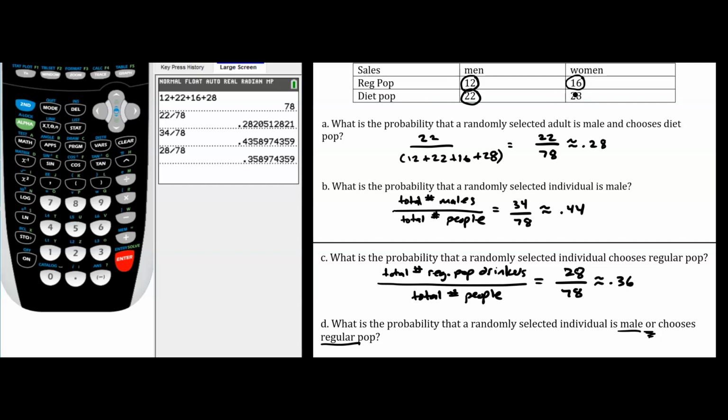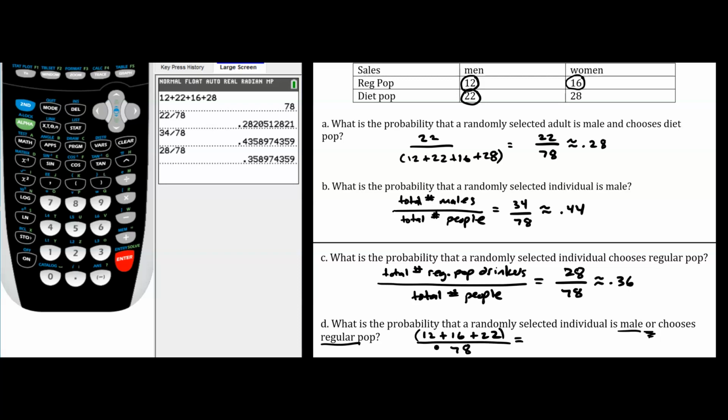So in other words, the setup for answering this last question, the probability that a randomly selected individual is male or chooses regular pop, will be the grand total of males or regular pop drinkers, which is going to be 12 plus 16 plus 22, and then we are going to divide that number by our total, and again our total is 78.